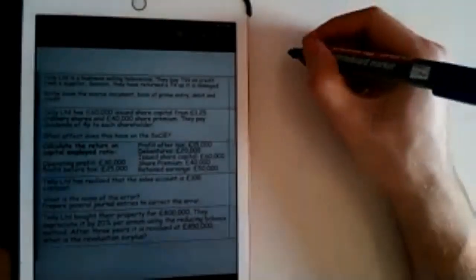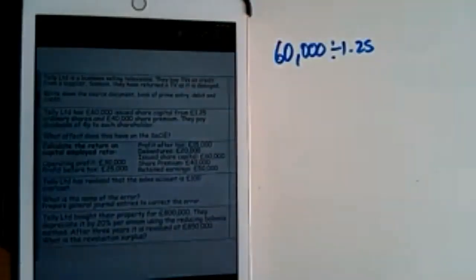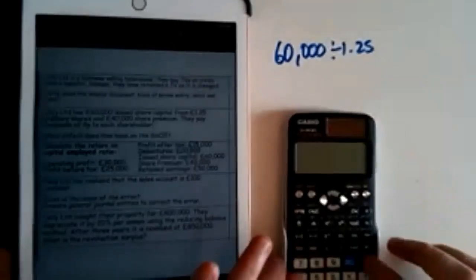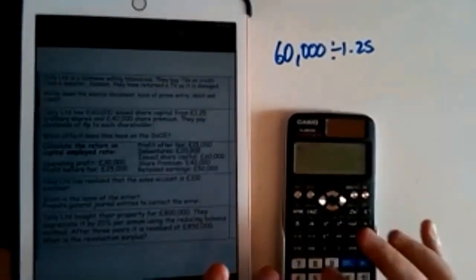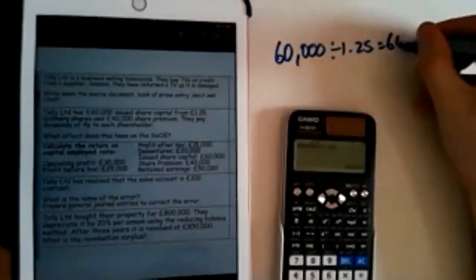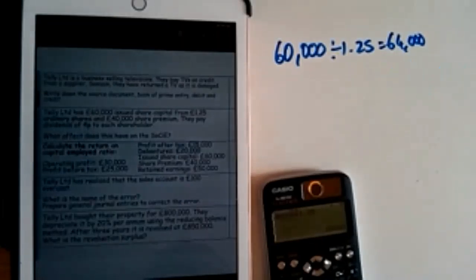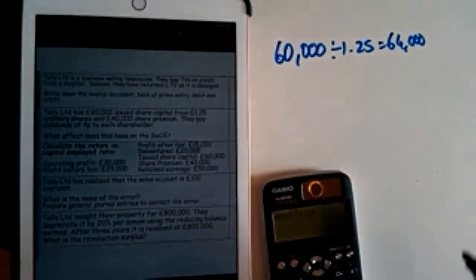Okay, next one. Telly Limited has 80,000 issued share capital from £1.25 ordinary shares. So straight away, work out how many shares by dividing. So it's 64,000 shares and 40,000 share premium. I don't need to know that in a minute. They pay dividends at 4p to each shareholder.